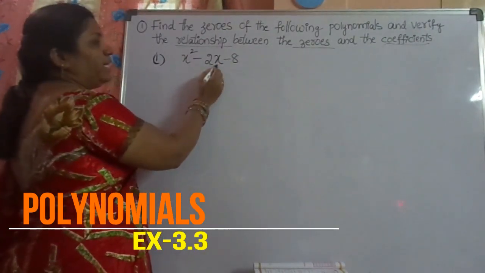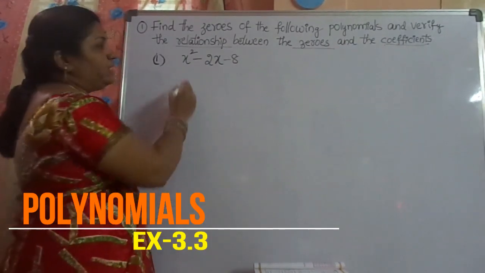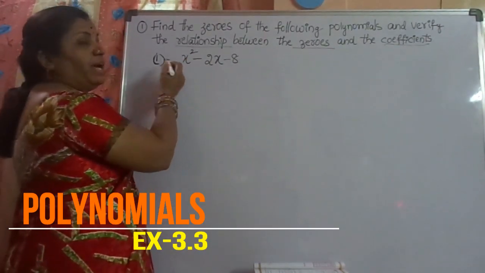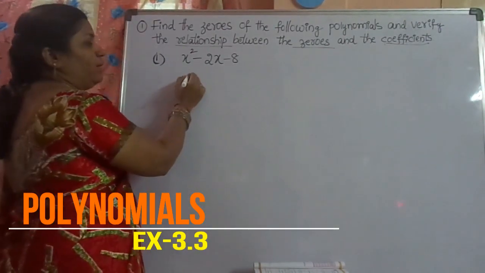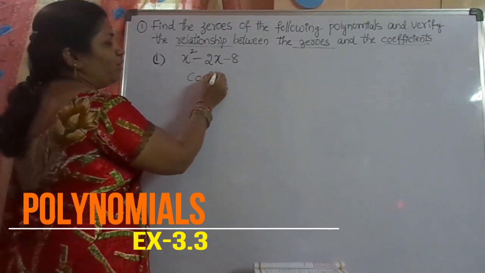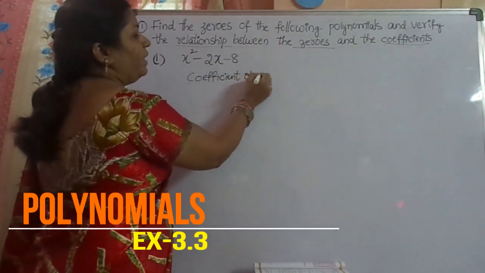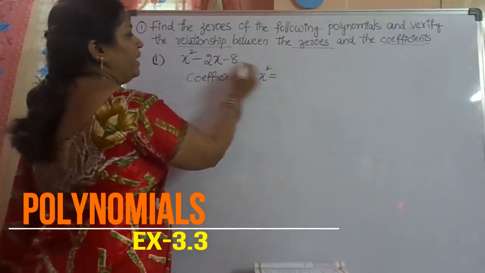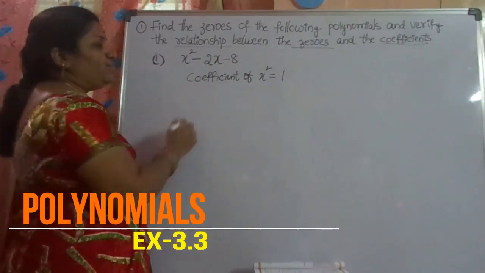The x coefficient is minus 2 and the x square coefficient is 1. Nothing is given, which means it is multiplied by 1. So write down the coefficients. Coefficient of x square is equal to 1. Nothing is given, so that value is 1.